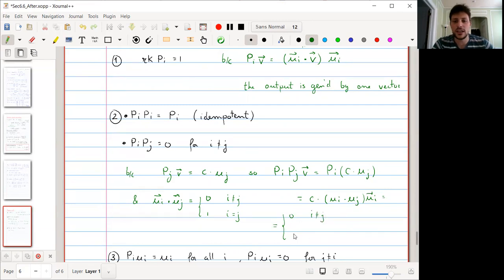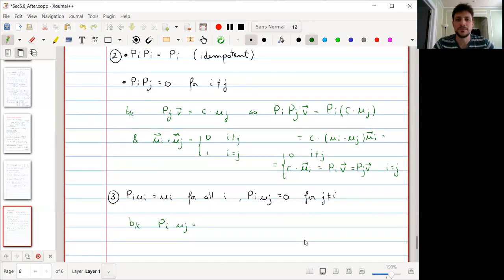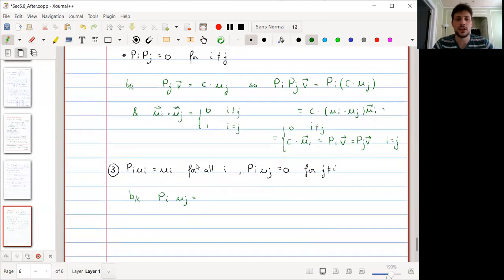If i is j, this is just c times ui, but c times ui is equal to pi of v. But if i is equal to j, pi of v is pj of v. So doing pi pj of v when i is equal to j is the same as doing pi of v. It's the same as doing pj of v as well, only in the case in which i is equal to j.